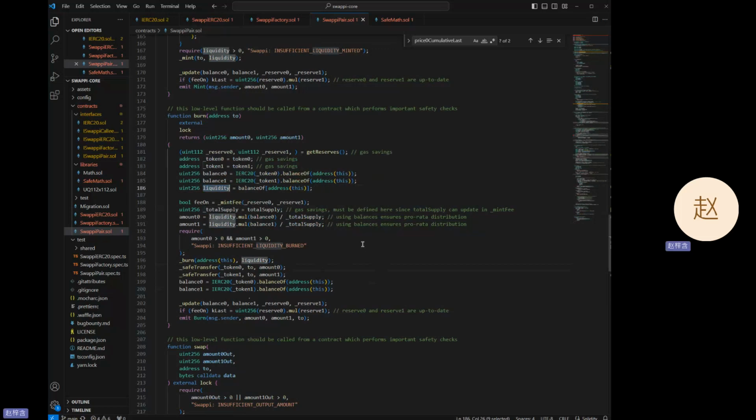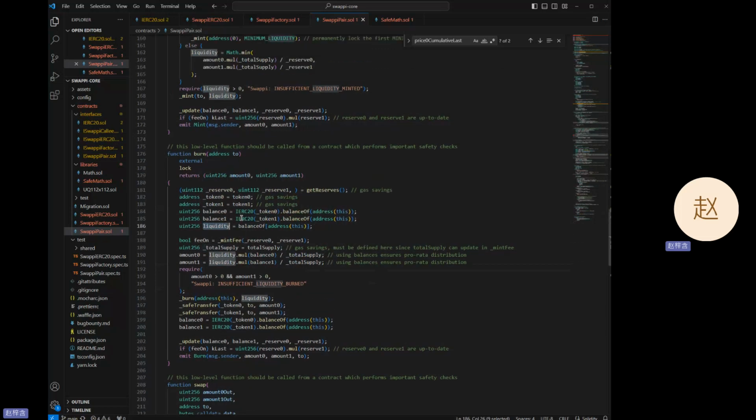So you must guarantee the two steps, the liquidity transfer and the burn function, are in one single step, like in one single transaction, to make sure the operations are running atomically.